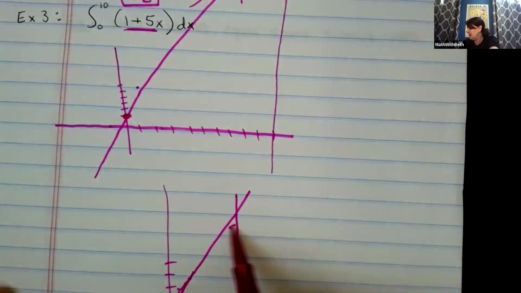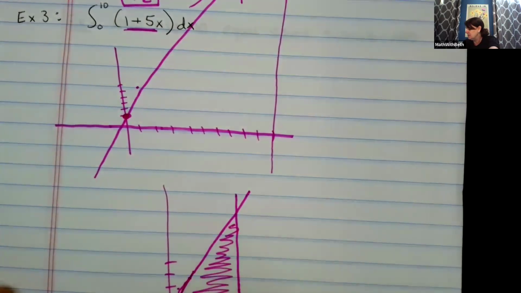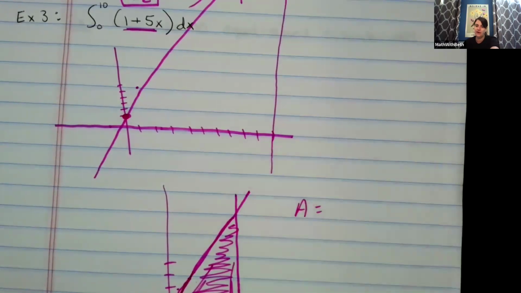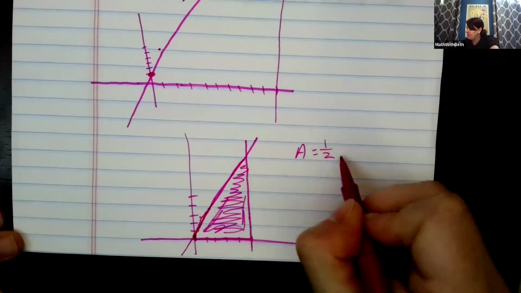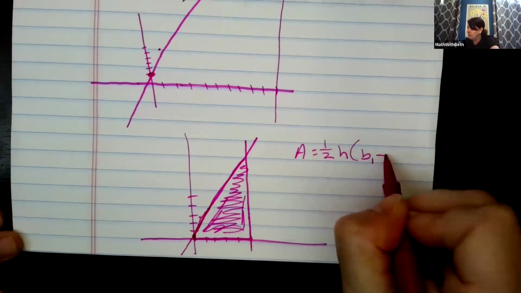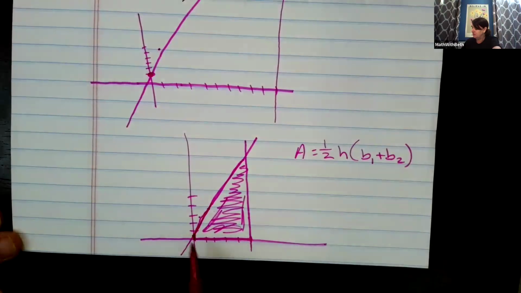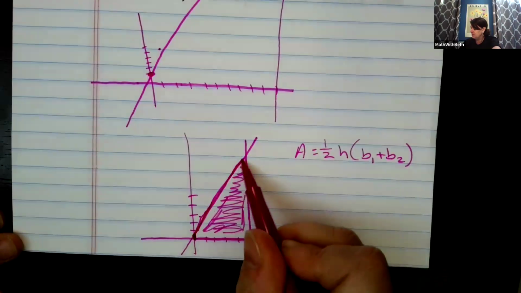So this is really a trapezoid. The formula for area of a trapezoid is 1/2 height times (B1 plus B2). Does everyone see that this little tiny part here makes it a trapezoid?